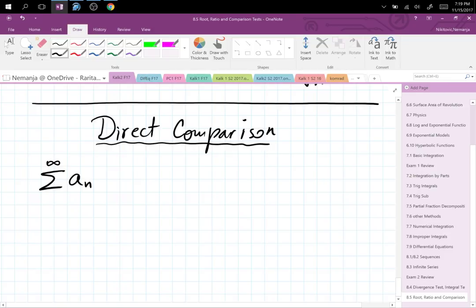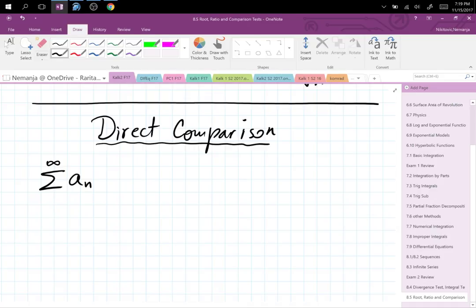Nothing that you have learned so far works on it. So you say, all right, I'm going to compare this to something that I know. But there has to be a condition, like your integral test has those 3 conditions, and then you can use the integral instead of the summation. Over here, you have a condition that you also have to prove, and if that condition works out, you're good. If it doesn't, you have to use something else.